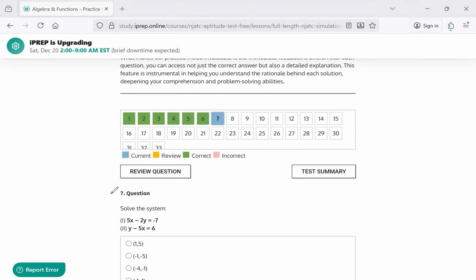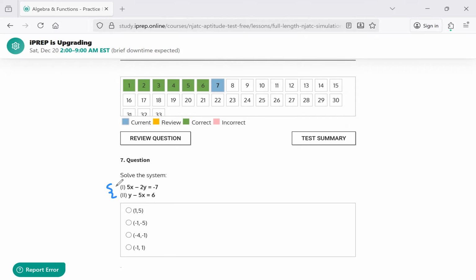So here's the system of equations: equation one, equation two. We're going to do the elimination process. What letter would you like to get rid of? It really doesn't matter, there's no easier one. But one other problem: they're not aligned correctly.